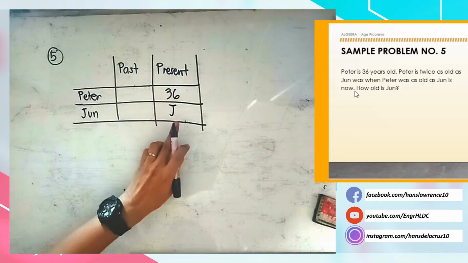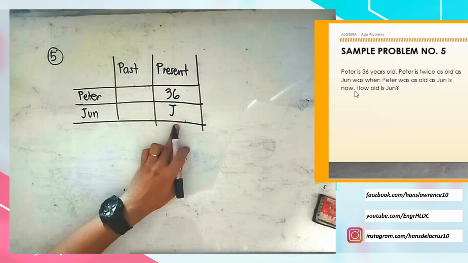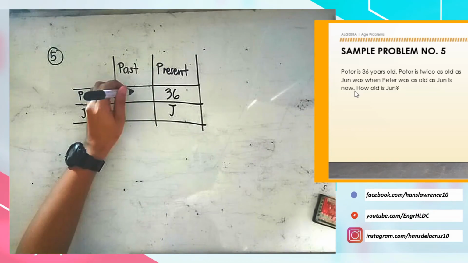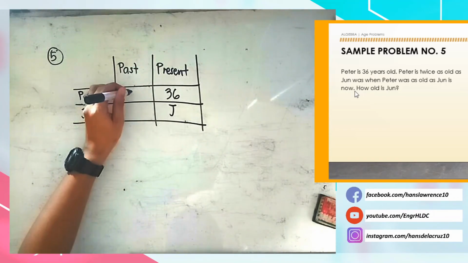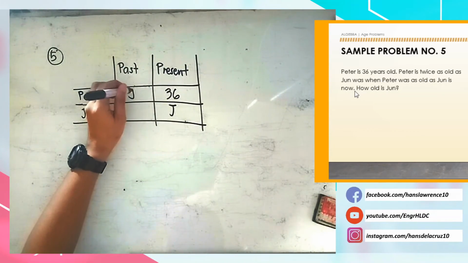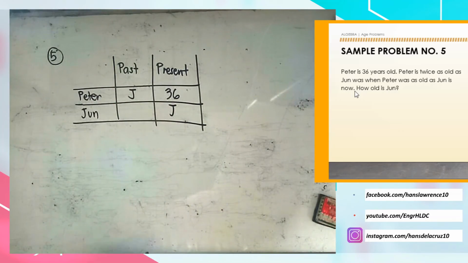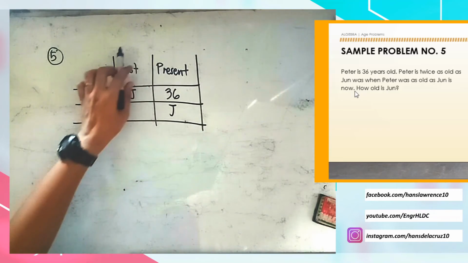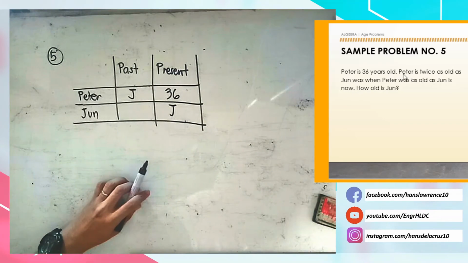So, kung ang age ni June now is J, so nangyari daw yon when Peter's age is the same na itong J. So, sabihin, nangyari yon nung past when Peter's age is J. Nakuha ba? Nung kaedad ni Peter si June ngayon, which happened in the past, doon nangyari yung scenario na to na Peter is twice as old as June.